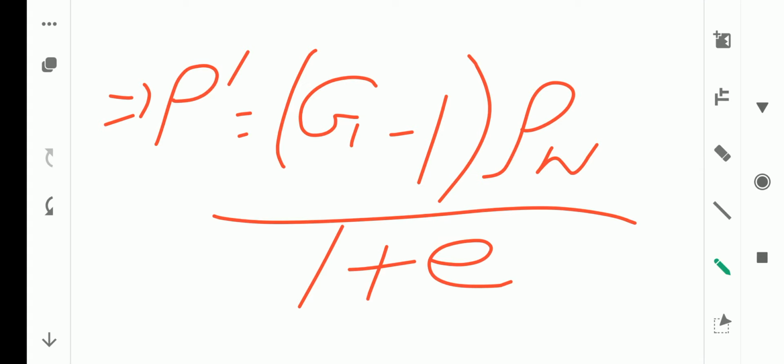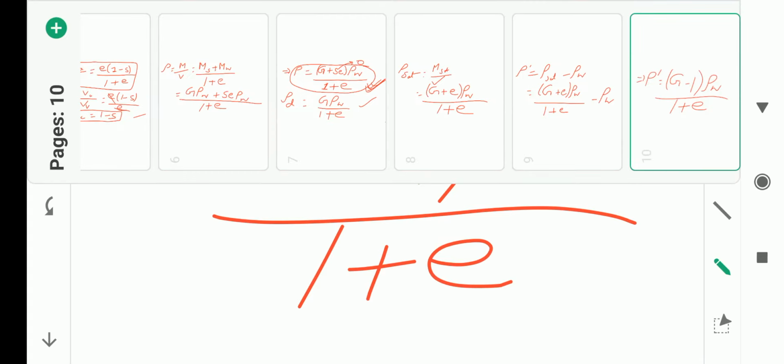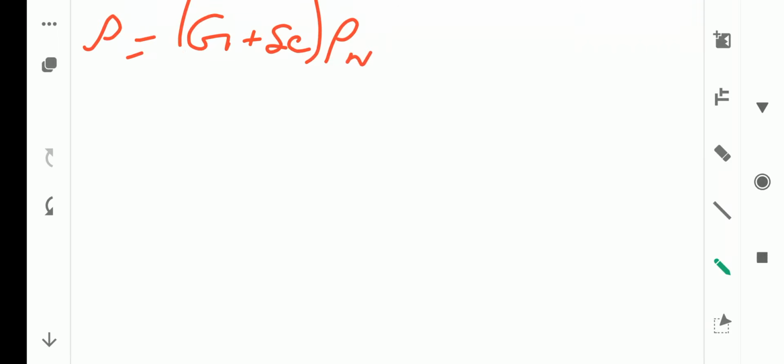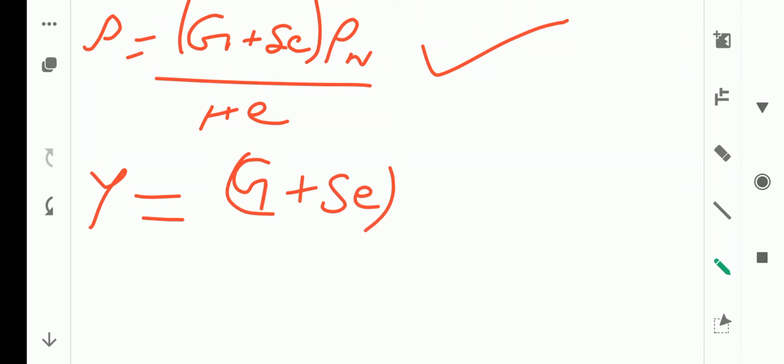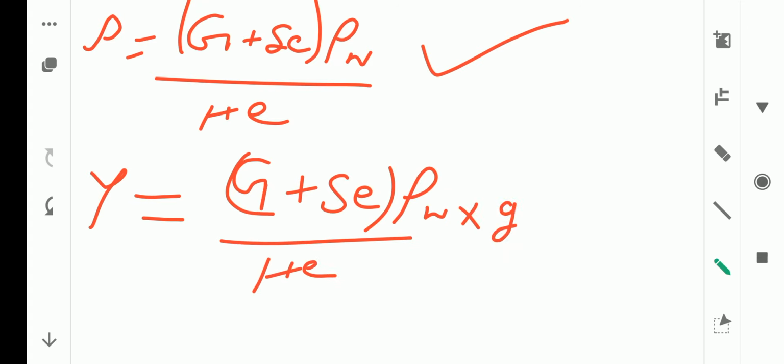Okay, now all the same formulas can be written in the terms of unit weight also. So for density we wrote G plus SE into rho W upon 1 plus E. In the same manner we can write unit weight or bulk unit weight. This is bulk mass density, so bulk unit weight will be G plus SE rho W upon 1 plus E multiplied by g, correct?